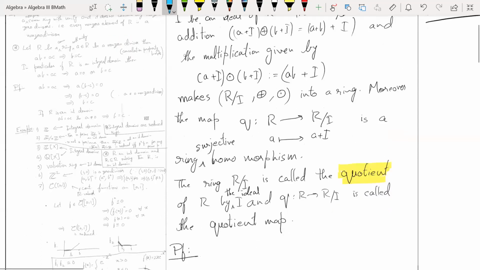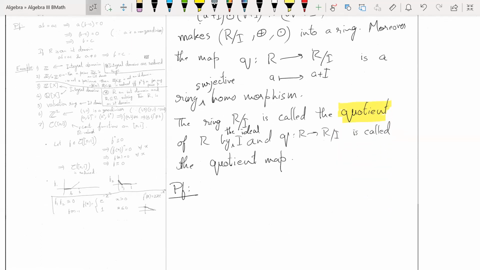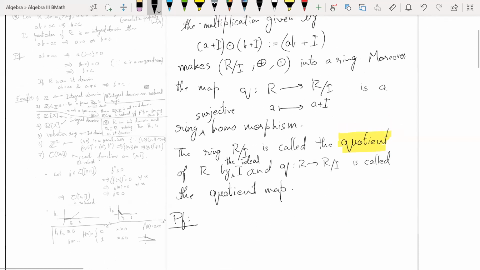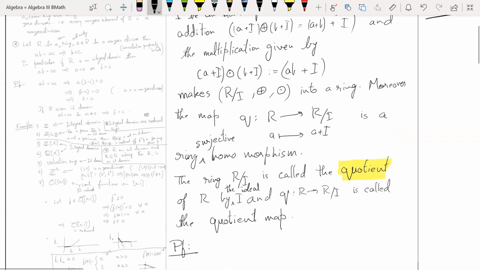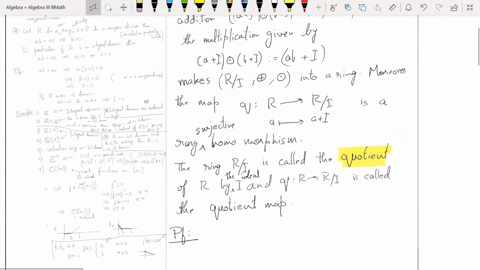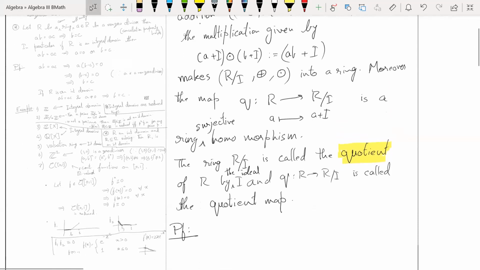Okay, so what is the proof? What are the things we have to prove? We have to check that the product is well defined, and then we have to check all the ring axioms. Some axioms are clear. That R mod I with plus is an abelian group is clear, but one has to check associativity and so on.